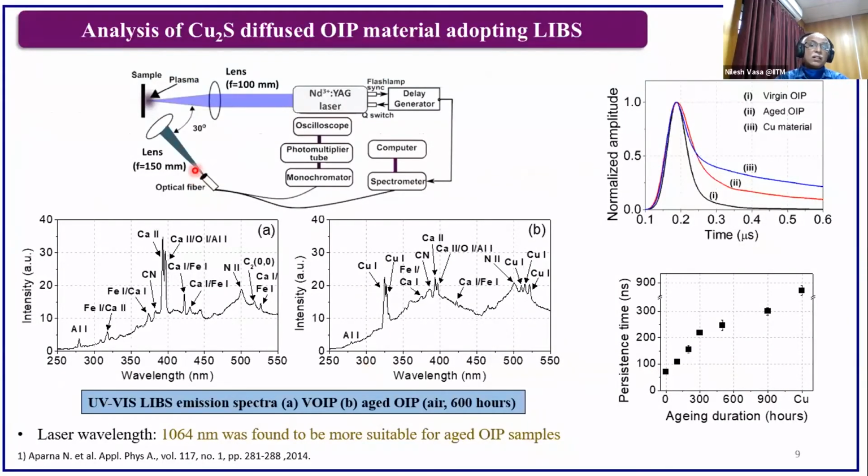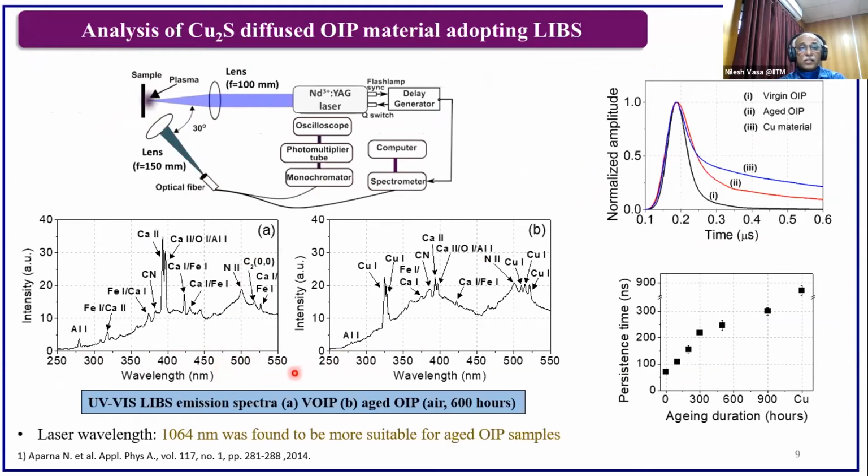So we did such aging measurements with different samples treated under different temperatures for different working hours of those insulation materials. And what we could observe, see, this is the typical LIBS spectra which was observed.